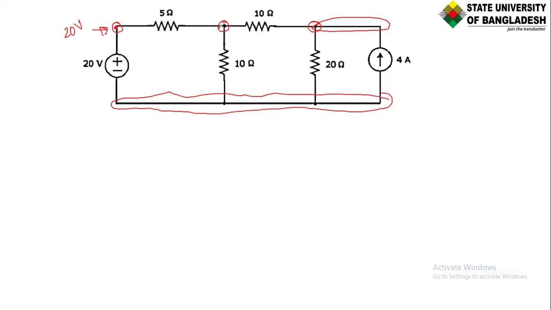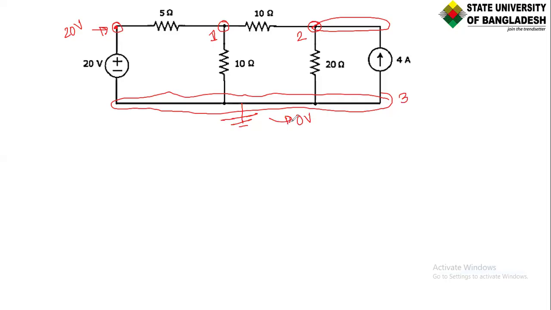Now identify these as node 1, node 2, and since this is node 3, that is our common node, we are identifying it as ground. So this is our ground, and we know the ground voltage is 0 volt.